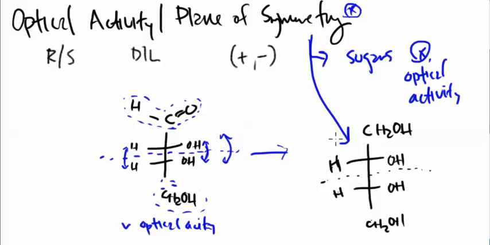So if I know something about the structure, or if I don't know anything at all about the structure, and I basically take the C double bond O and reduce it down to a CH2OH group, and then put that into a polarimeter and it's optically inactive, I know a little bit about the structure of the sugar now.